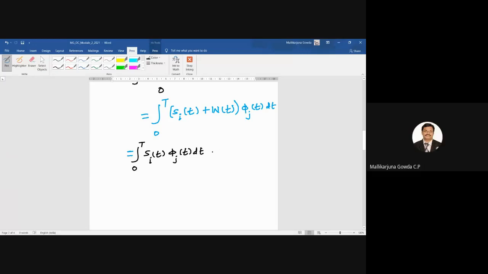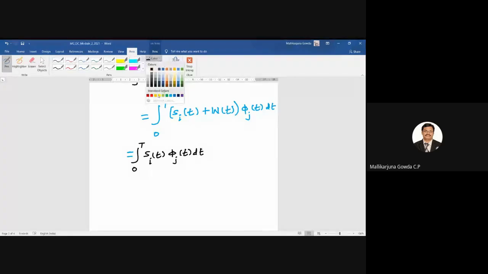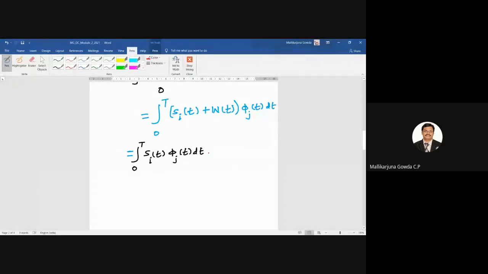Yes, sir. Similarly, the second term I can write as integral 0 to t, W of t, then phi j of t into dt.